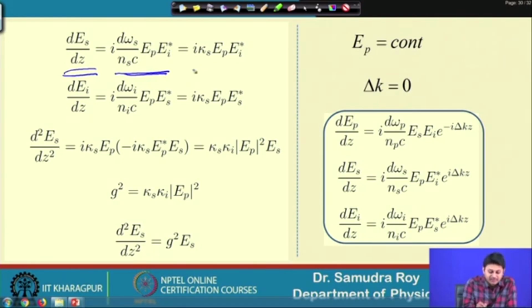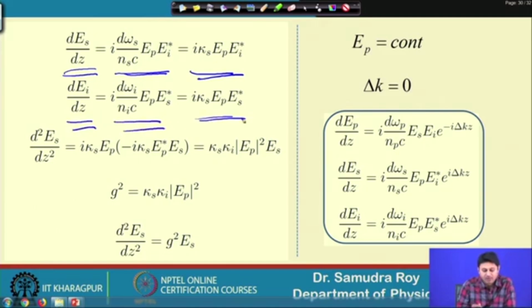We simplify this as kappa s, because kappa s can take care of d omega s n_s c. And dEi/dz is this quantity, which I also write in compact form with kappa. Here we should write kappa i, this is not kappa s, both the cases it shouldn't be kappa s, it should be kappa i.